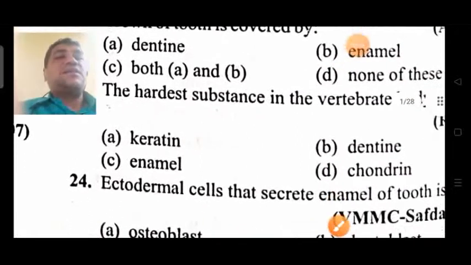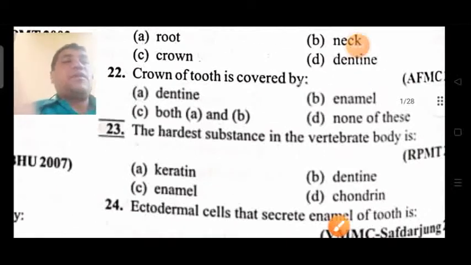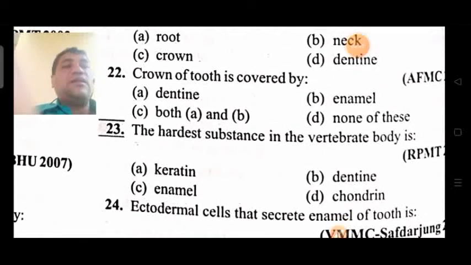Next, the hardest substance in the vertebrate body is keratin, dentin, enamel and chondrion. Dentin is the inner part. Keratin is the pigment which gives coloration and is present in the nails, and chondrion is a type of cartilage present in elastic fiber or bone fiber.